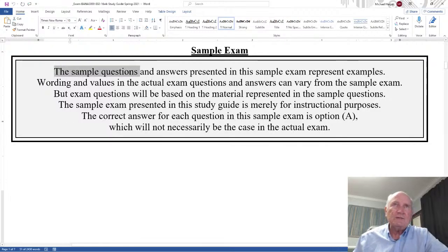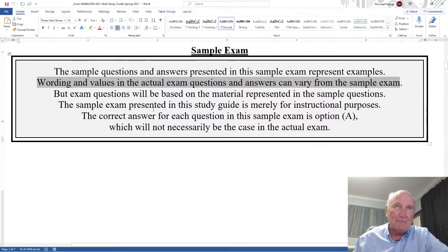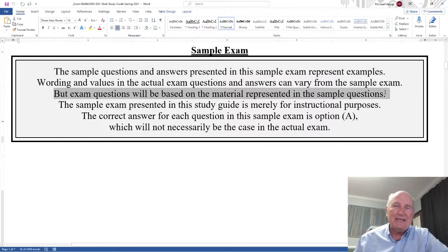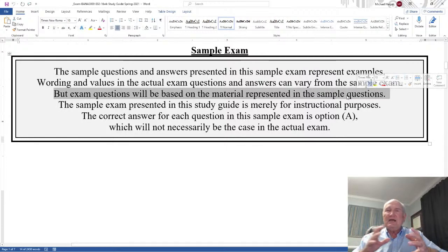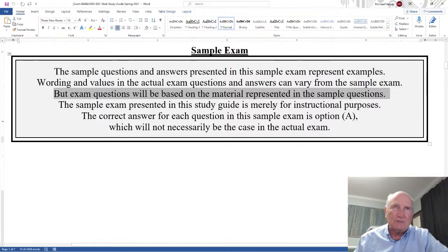The sample questions and answers presented in this sample exam represent examples. Wording and the values in the actual exam questions and answers can vary from this sample exam. But the exam questions will be based on the material represented in these sample questions. In other words, I might have the wording differently, I have different numbers, but the material will be on that type of question.